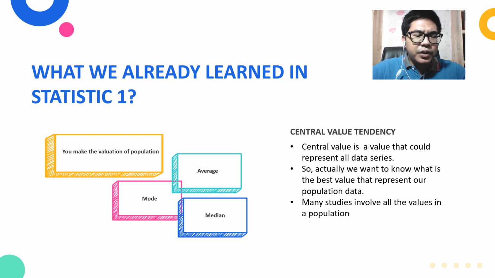Maybe you could choose the mean or the average, maybe the median value, or maybe the mode. So the central value tendency represents the value of the population.